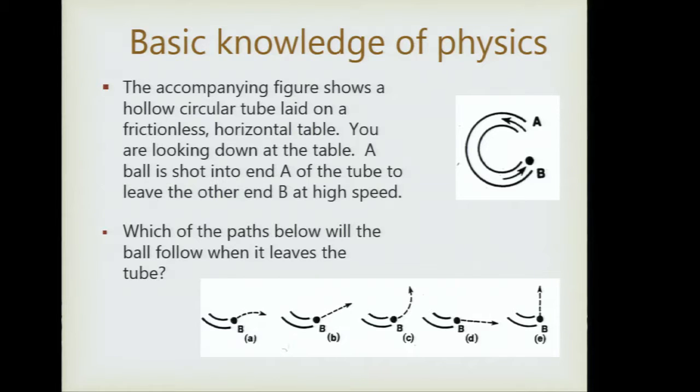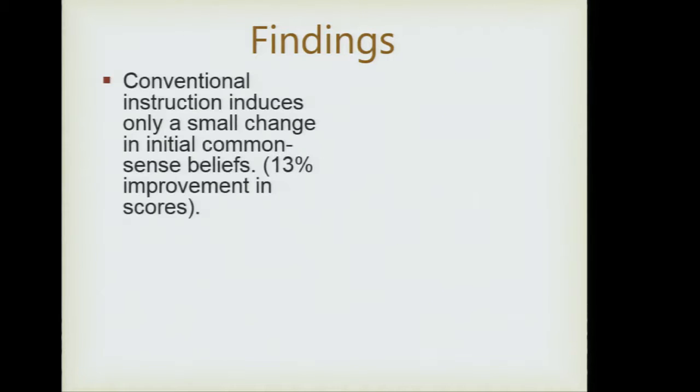But here's the interesting thing. They gave this test at the beginning, and another related version at the end of an introductory college physics class. And what they found was that basically the students didn't learn squat.